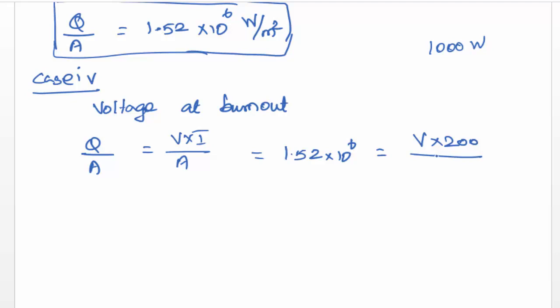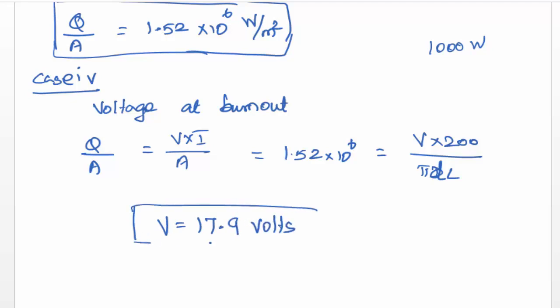Here the area is nothing but your wire surface area. So wire surface area is pi into D into L. Here small d is the wire diameter and the length is the 50 centimeter wire length. Substitute all the values here and find out the voltage. The voltage value is 17.9 volts. Okay, this is your final answer.